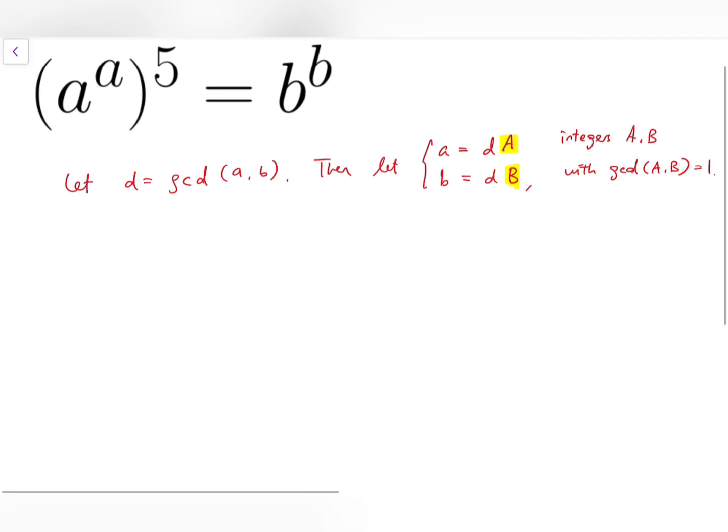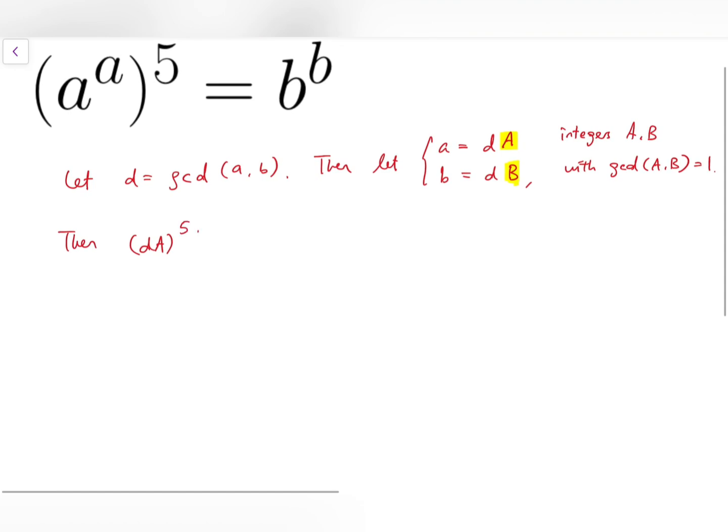Now if I put this back into our original equation, then I will have d times big A all to the power of 5 times the same number, and d times big B all to the power d times big B. Then I can simplify by removing the d power, and further simplify by putting the powers of d together.